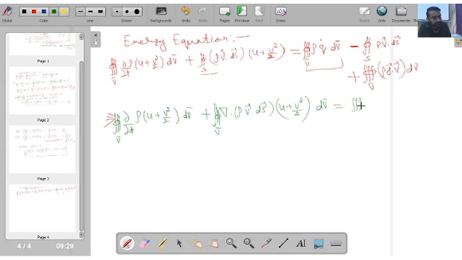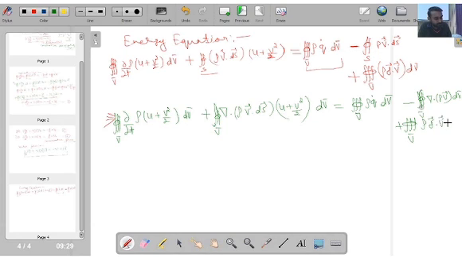Then I will have the volumetric integral of rho q dot dV minus the pressure surface integral, which I have to convert into a volumetric integral, so it becomes divergence of p v vector dV, and the last term is in the volumetric integral only.